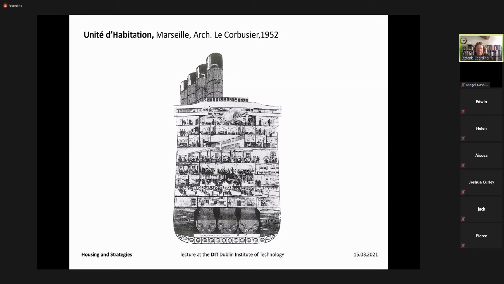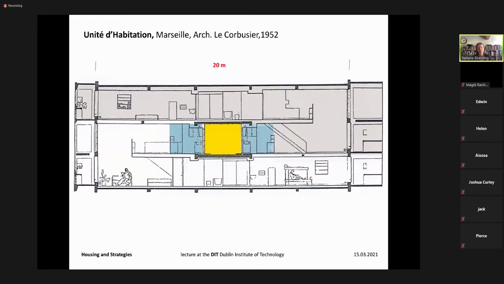The famous picture Corbusier had in his mind was the structure, or the system, of a ship, where a whole city was in one complex, in one building, in one structure. He realized it in his Unité, but we will focus on the apartment, and you can see the corridor, yellow marked, the inside corridor.